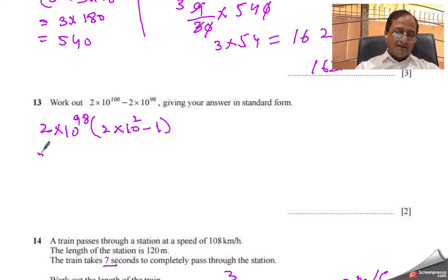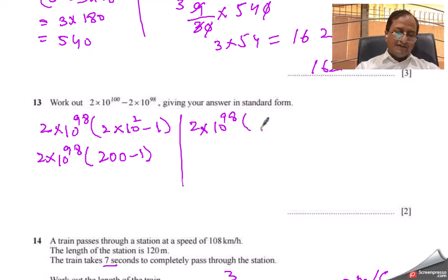After that we have 2 times 10 to the power 98 times 200 minus 1, because 2 times 100 gives us 200. Then again we write 2 times 10 to the power 98 times 199.